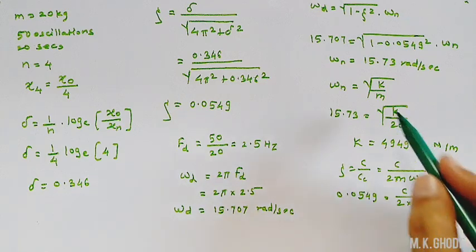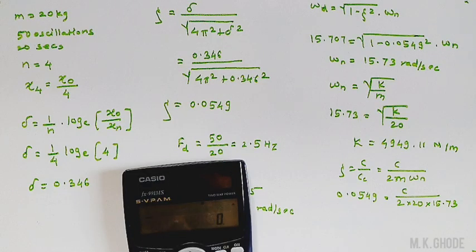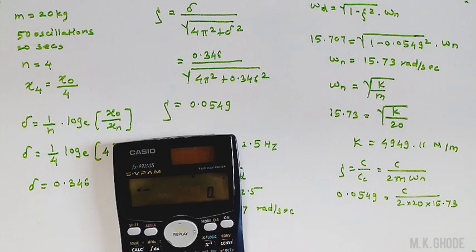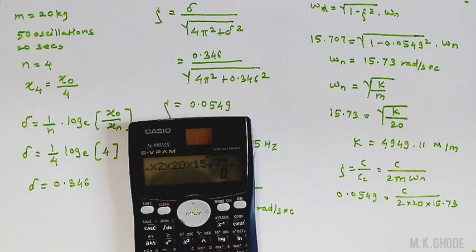So find the value of C. So C is 34.54. Unit is very important: Newton second per meter.